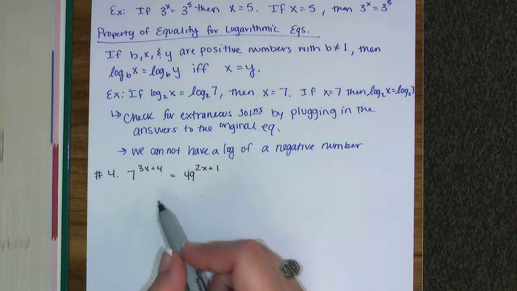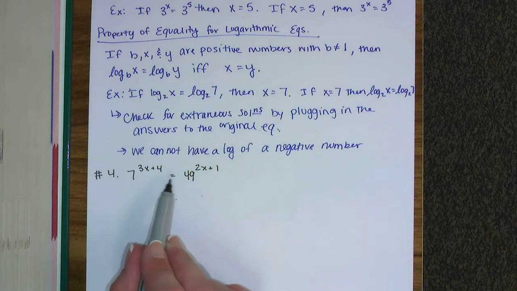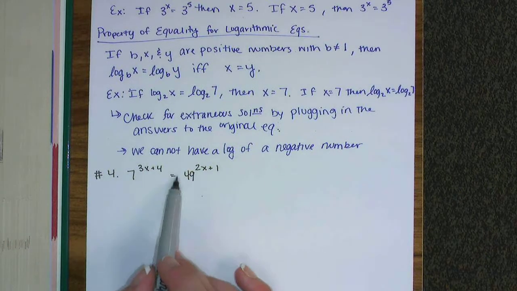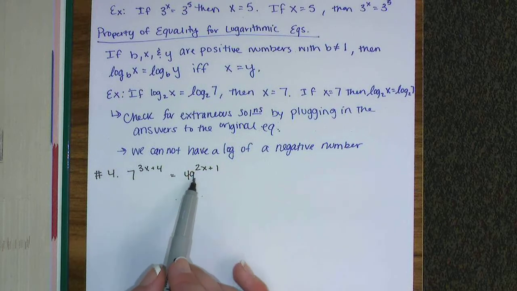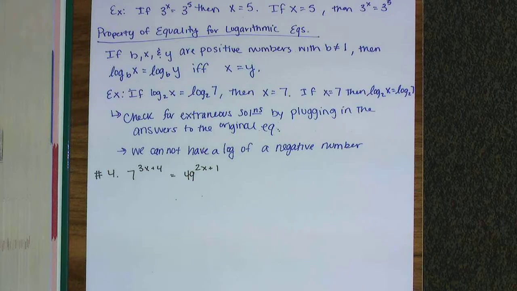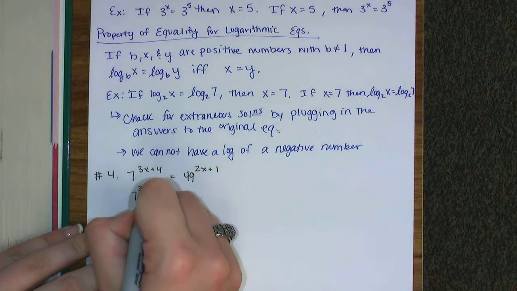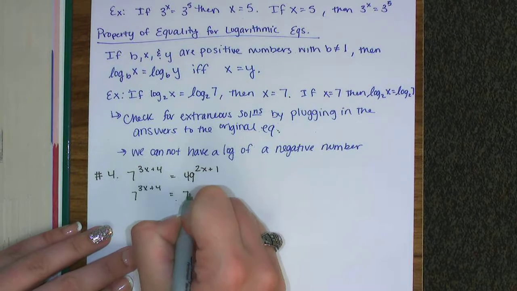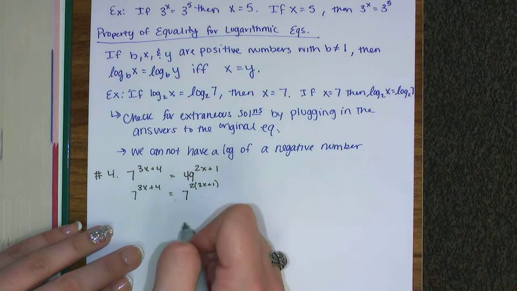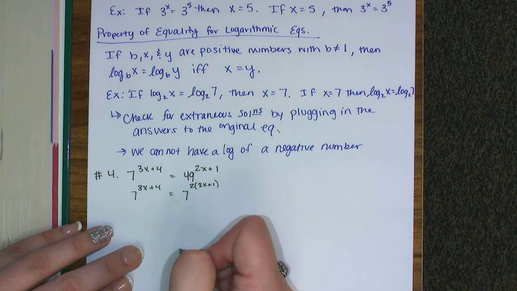So, my first thing would be to check, are these the same? Well, no, not yet. So what I need to do is rewrite these in terms of something that I know so that they are the same. I know that 7 squared is 49. So I'm going to replace 49 with 7 squared. So it's going to be 2 times 2x plus 1 in the top now, because I just made 7 squared raised to that.